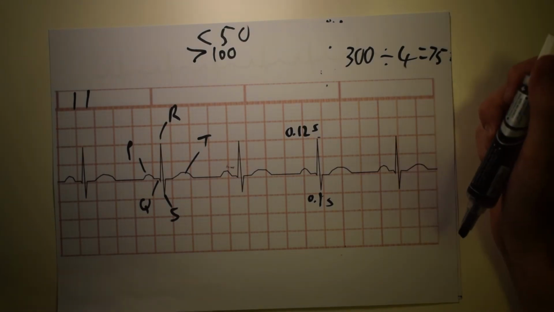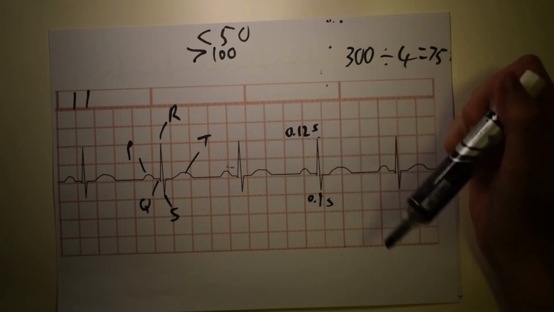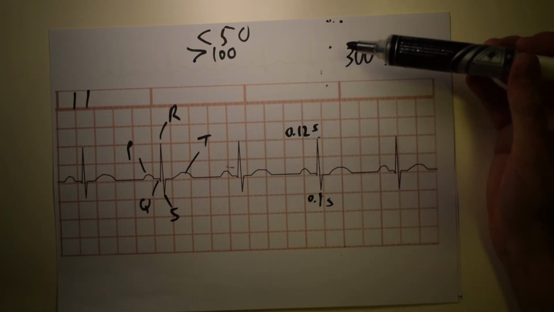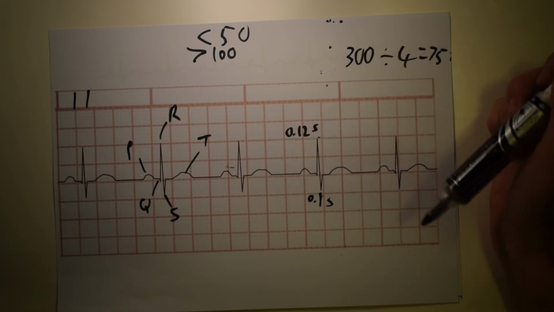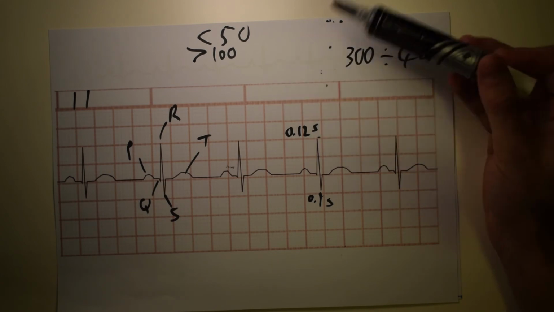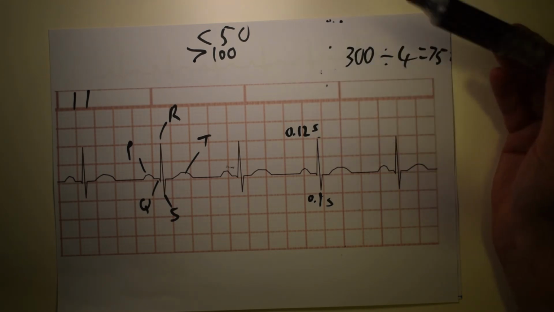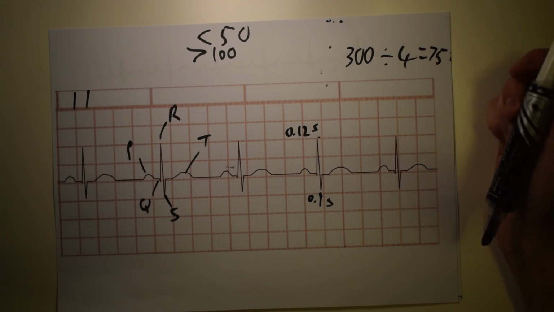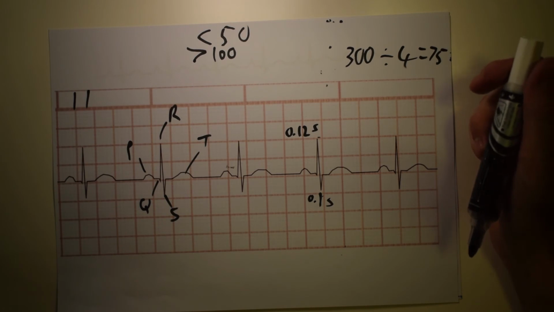If you want to work out if it's too fast or too slow, you count the large blocks between the RR wave and divide 300 by that number. If it's more than 100, you'll have a tachycardia, and if it is less than 50, you have a bradycardia. Those are two relatively common rhythms which you'll see.